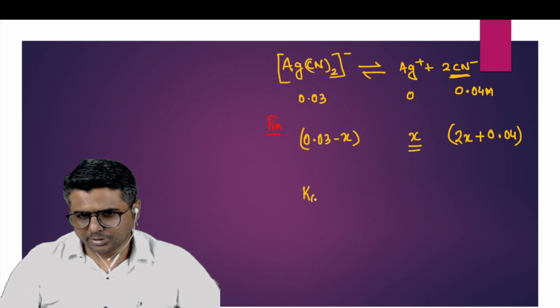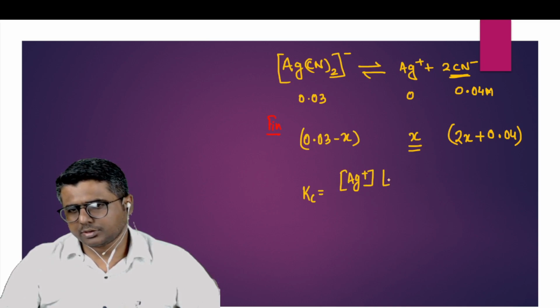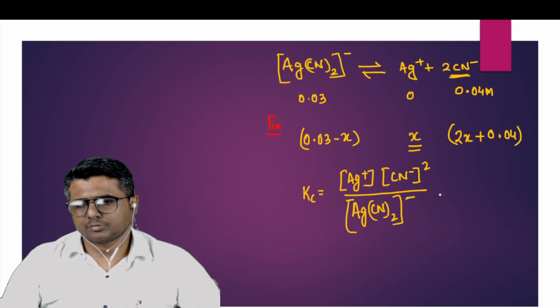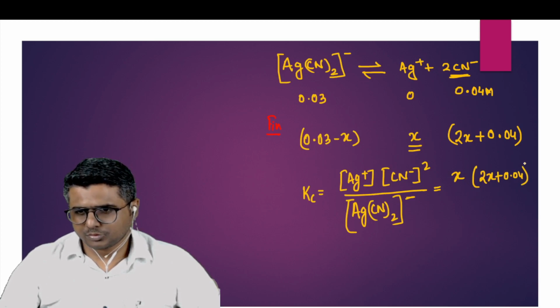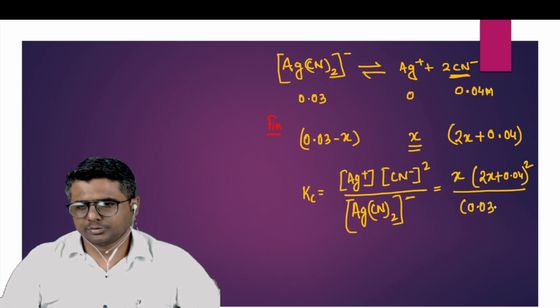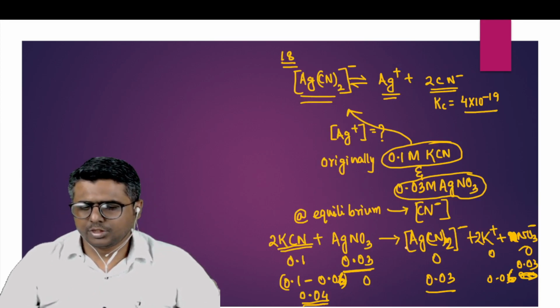So Kc will be equal to Ag plus concentration times CN minus concentration whole square divided by AgCN2 minus. So this will be X times (2X plus 0.04) whole square divided by (0.03 minus X), and the value of Kc is given as 4 into 10 to the power minus 19.